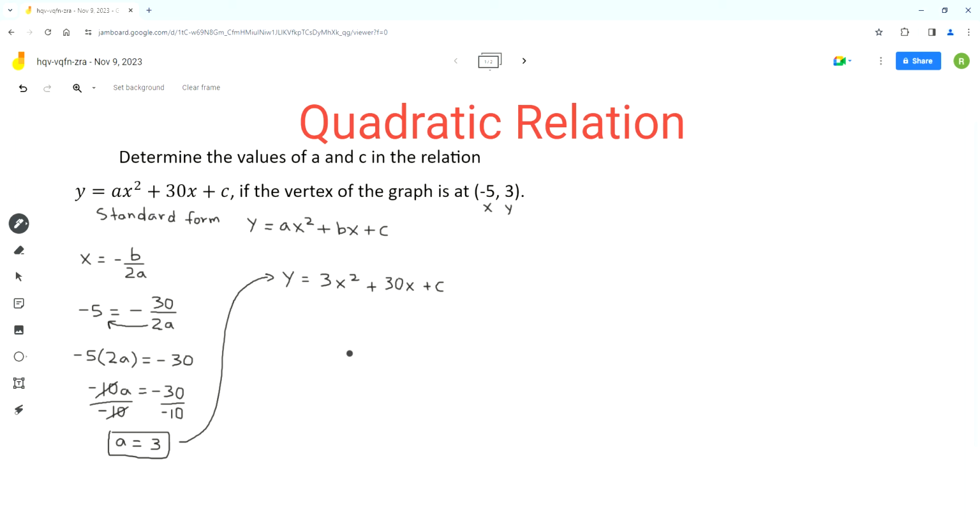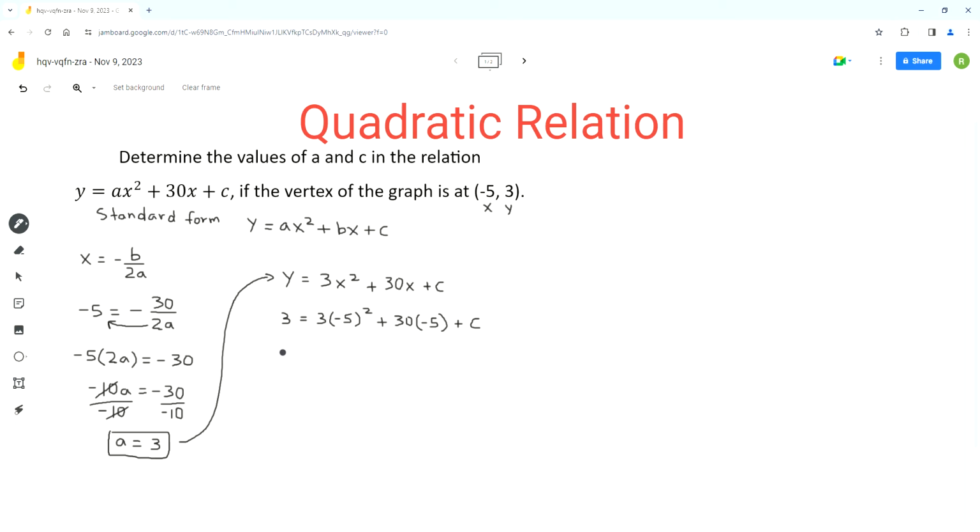So for that we should sub in this given vertex point in this equation to find the value of c. So we'll sub in y as 3 and x as -5. So this is the step we get, and we have to solve this equation to find the value of c.